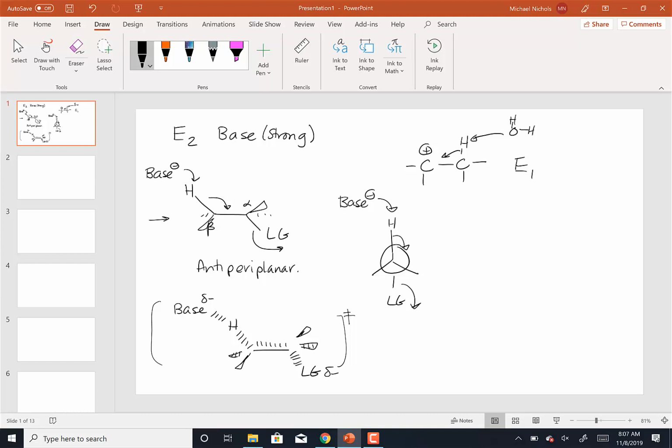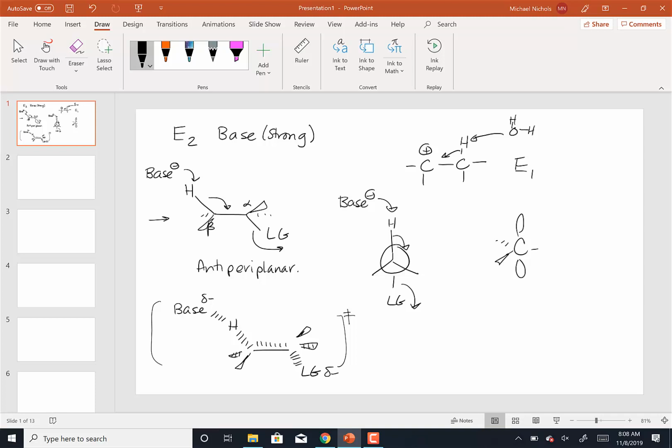Now let me just backfill this. Why didn't we worry about any kind of anti-periplanar transition state for E1? The reason is that if you think about the carbocation, it's got its empty p orbital that gives it the positive charge.